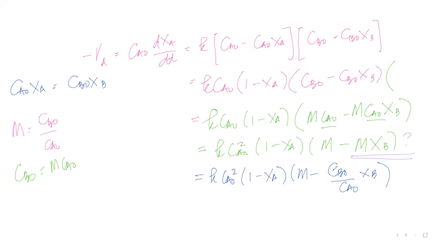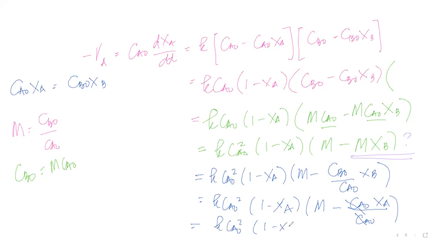So I can change this. I will have K CAO squared, 1 minus XA, M minus, I'll change it, XA, CAO. So you will have K CAO squared, 1 minus XA times M minus XA. That's the formula that Levin's field provided for you.